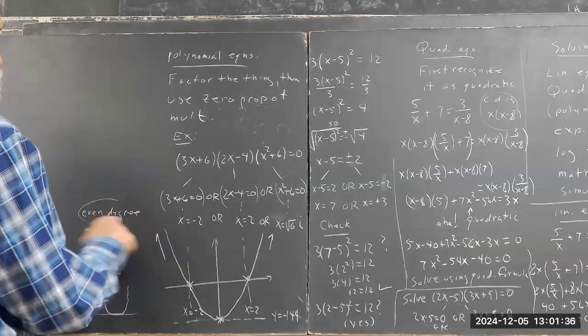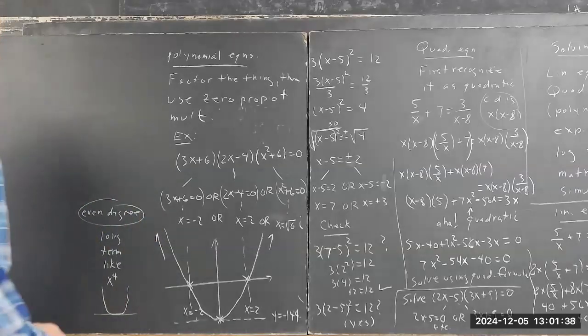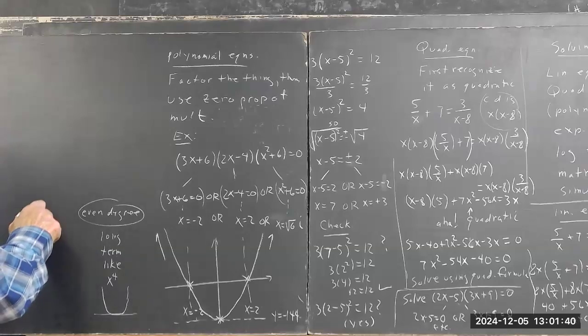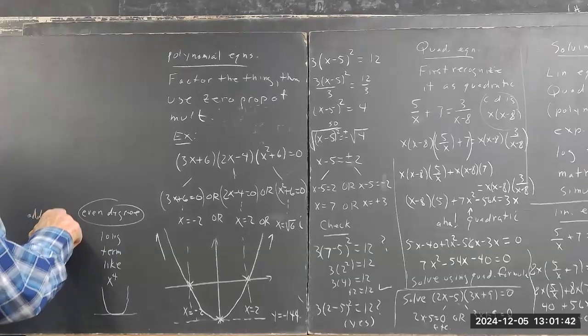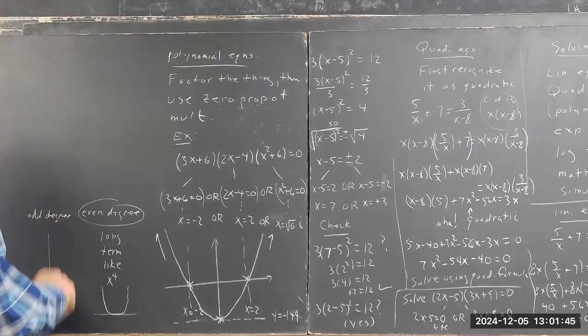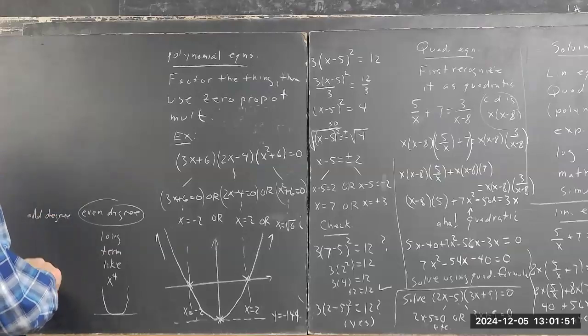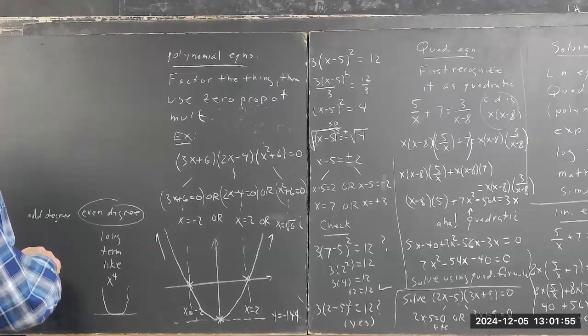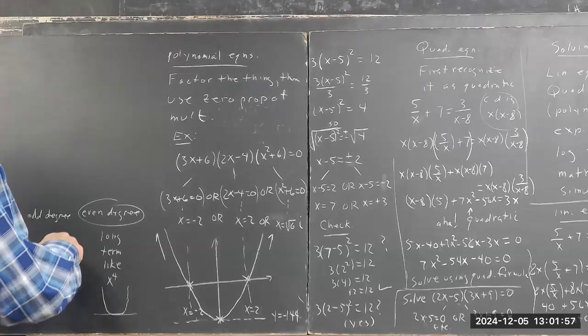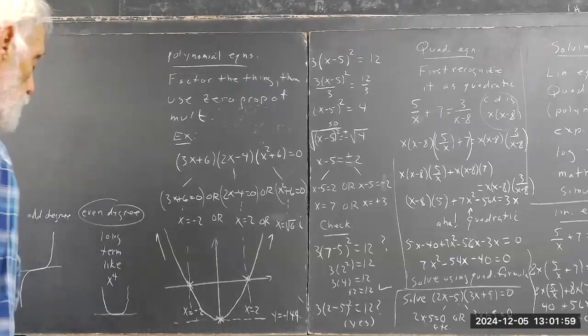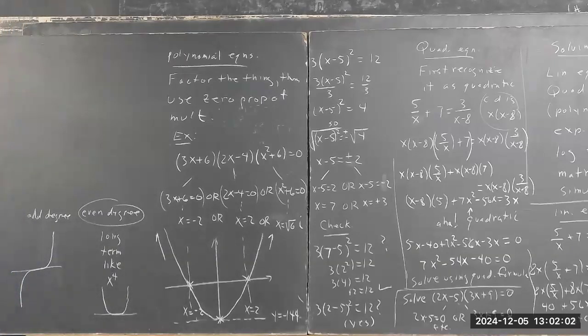As mentioned, if you have even degree, then the long term is like this. Odd degree, the long term will be like this. Now, when I say it's like this, it could be upside down.